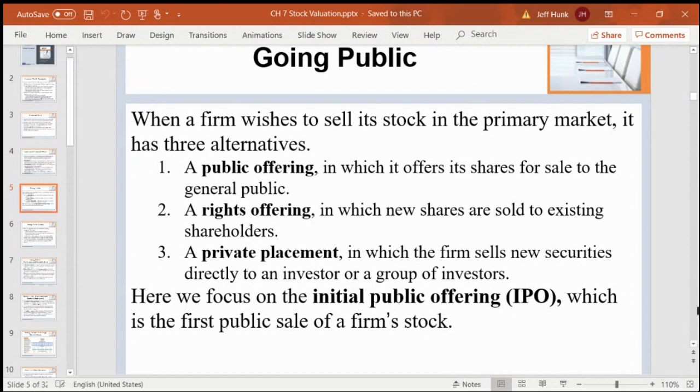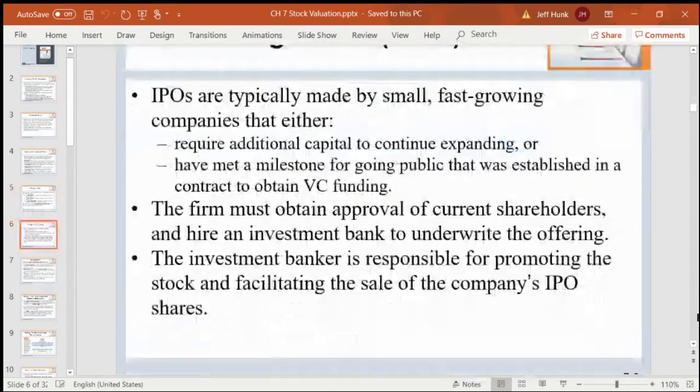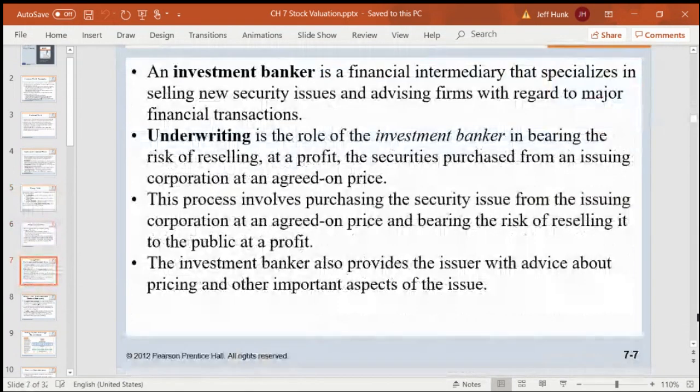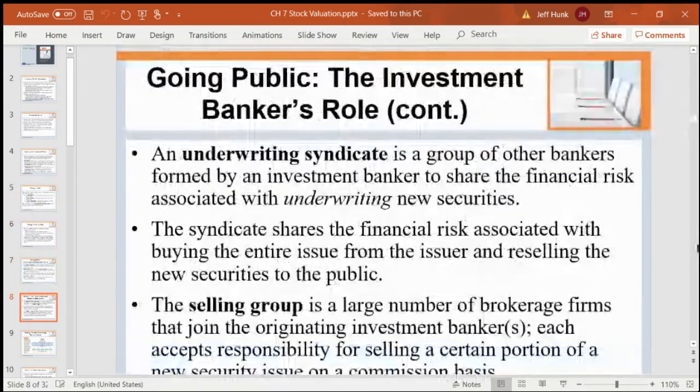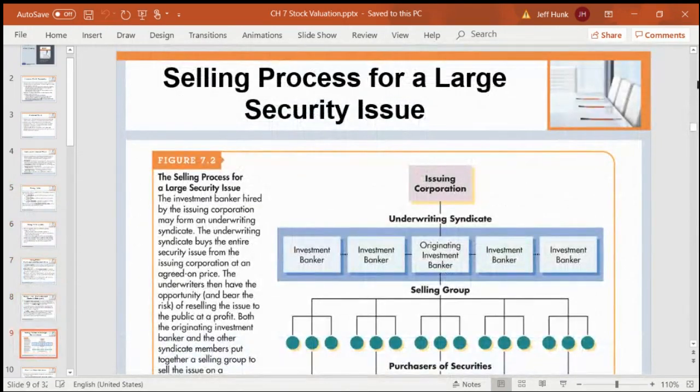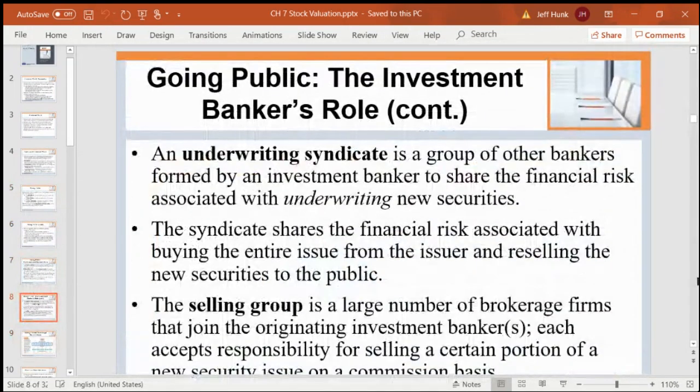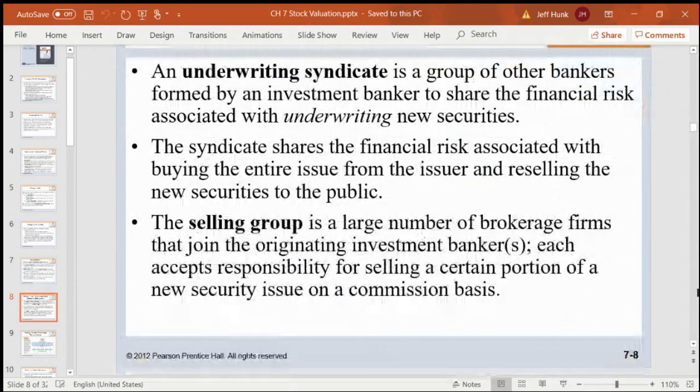Now we need a little more time on IPOs, because of the process and the parties involved. This will require more time to discuss, and right now we're almost out of time.